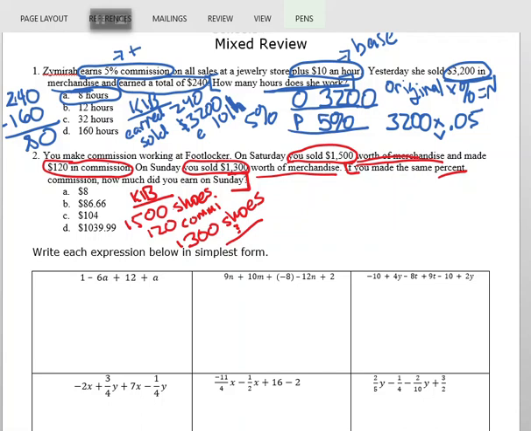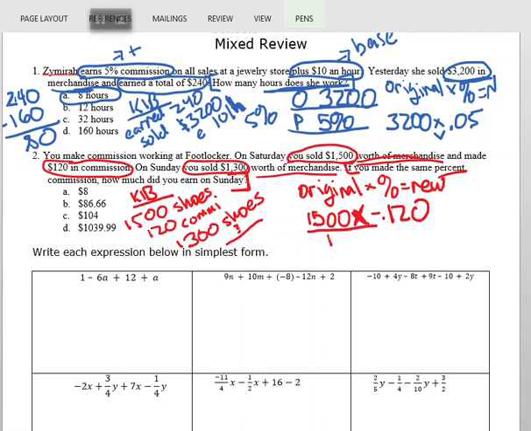Okay. So my original times my percent is going to give me my new. In this case, my original is $1,500. My percent is unknown. I do not know. All right, so we'll say 1,500 times X equals 120.